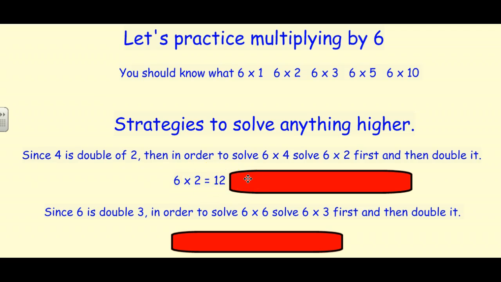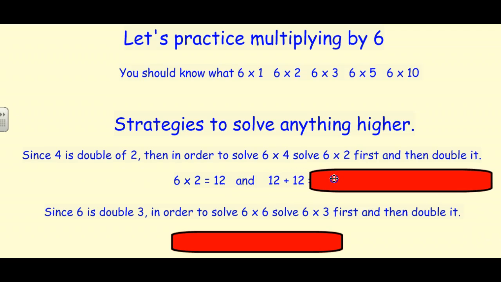So in order to double 12, you can think of it as 12 times 2, or you can think of it as 12 plus 12. So add 12 and 12 together and write that on your board. So 12 and 12 together make 24. So the answer to 6 times 4 is 24.